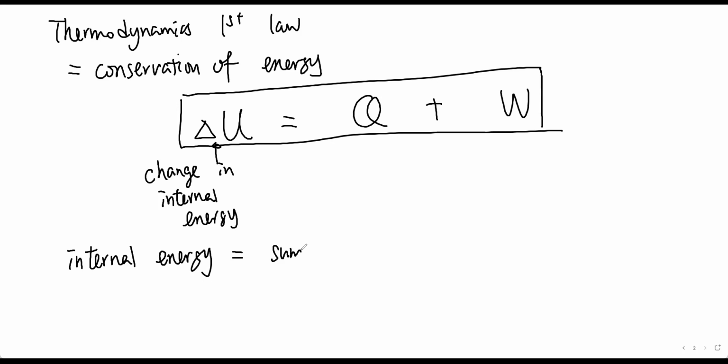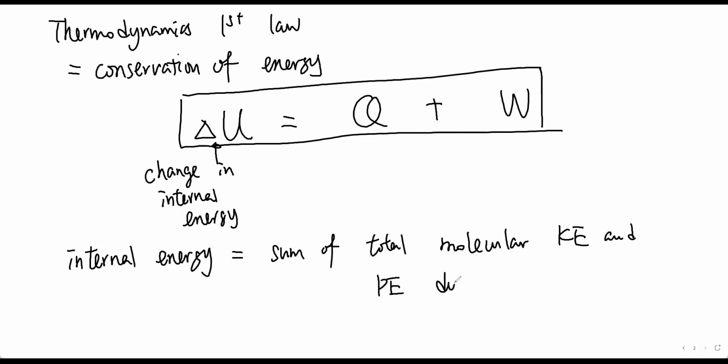So this is the sum of the total molecular kinetic energy and potential energy due to random motion. And I would like to explain what is meant by molecular KE.